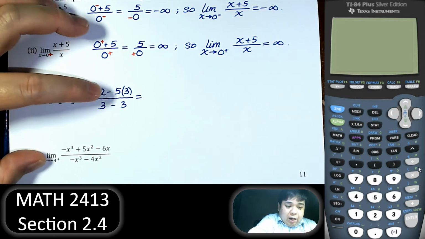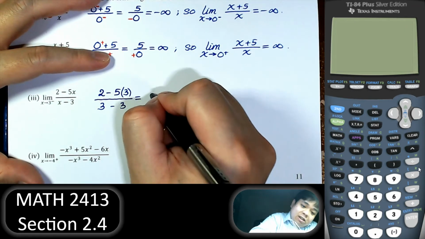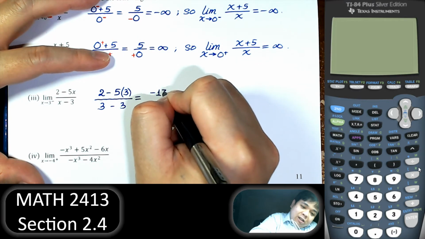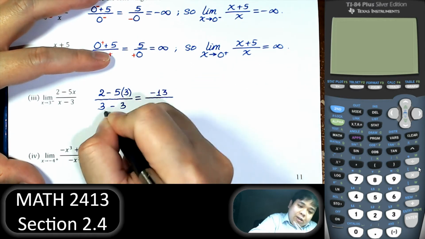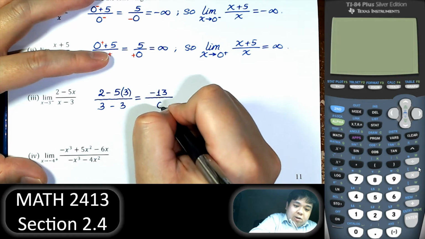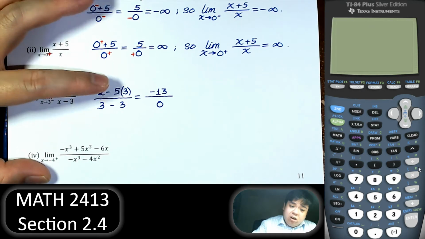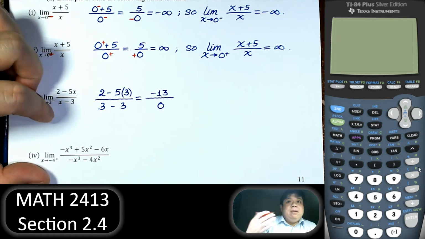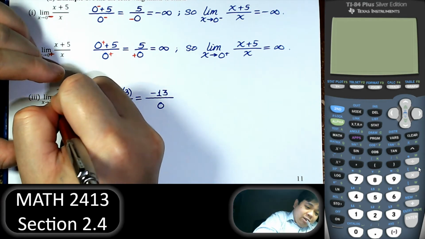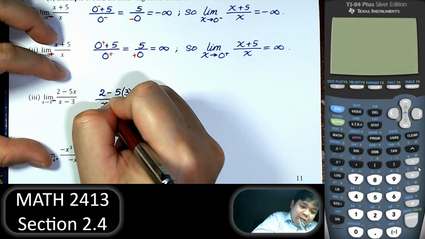Right. 2 minus 15 is minus 13. 3 minus 3 is 0. If it's not 0, don't care about that. If it is 0, then we need to worry about if it is positive or negative.